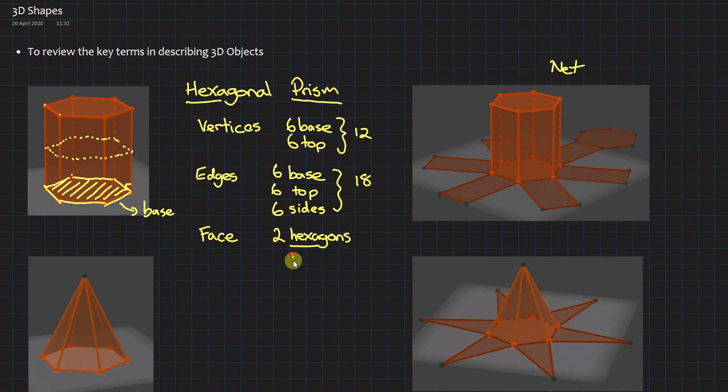And we've got to count the number of rectangles. The number of rectangles comes from how many edges are there to make the rectangle. As these fold out, notice each of these edges, these sides, becomes a rectangle on the net. Okay? So we have 6 rectangles. So there are 8 faces.